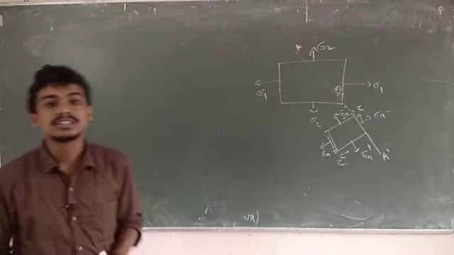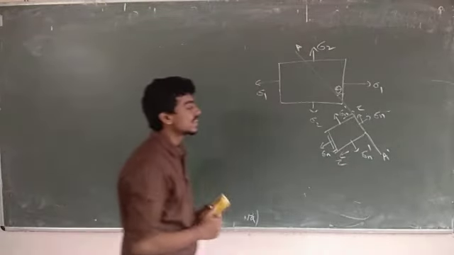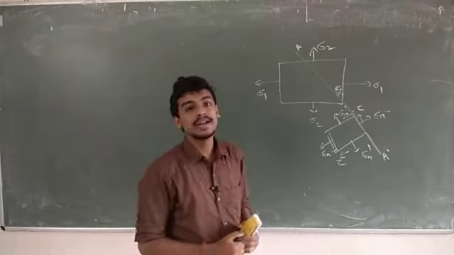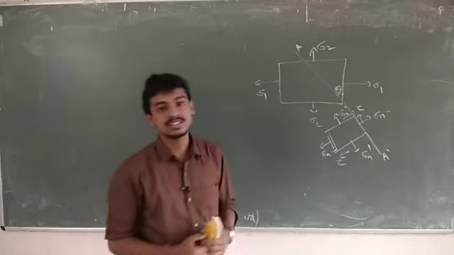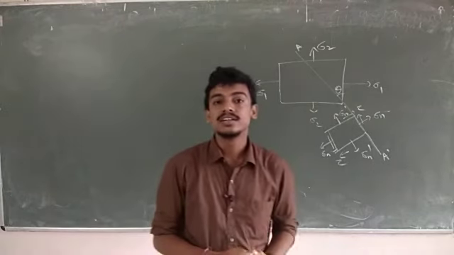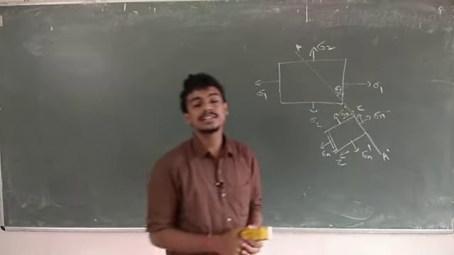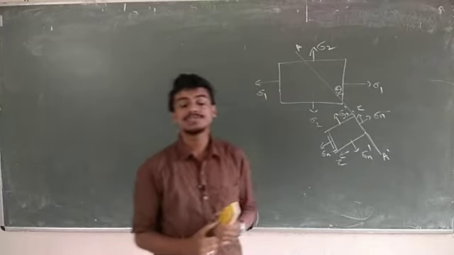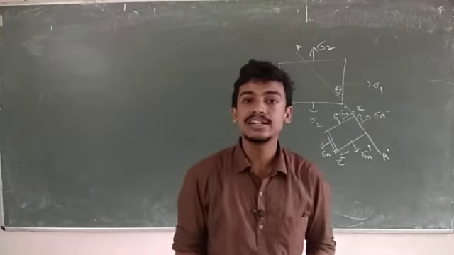Hello everyone. So this is our second lecture of this chapter, the principal stress and strain chapter. In the previous lecture we studied case 1 and the different terms related to this chapter, like principal plane, principal stress, normal stress and shear stress.